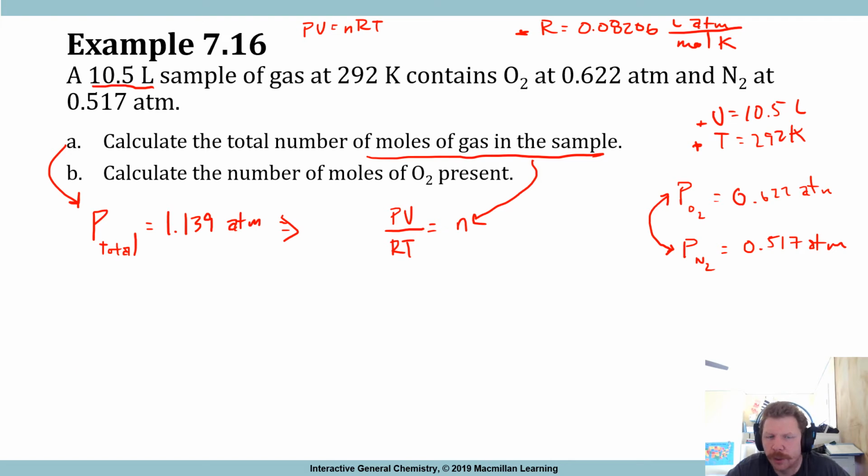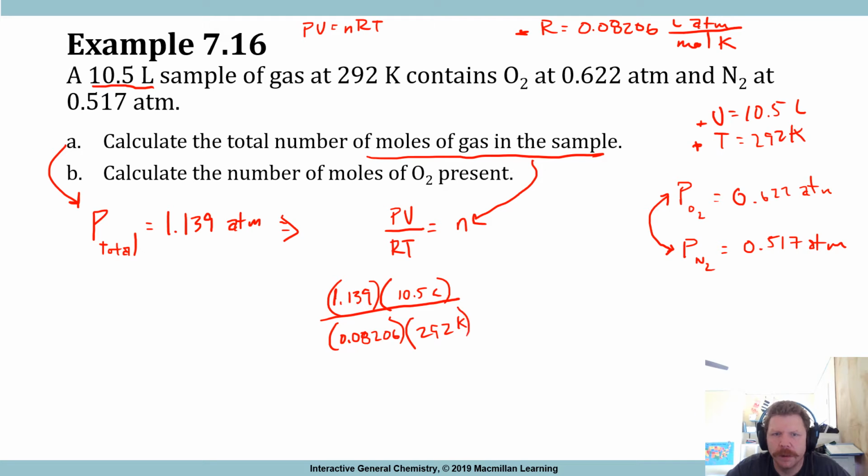I've got the total pressure, so I'm going to plug in 1.139 times my volume, which is 10.5, and I'm going to divide that by 0.08206 times temperature, which is 292 Kelvin. And that's going to be equal to n, my total number of moles of gas.